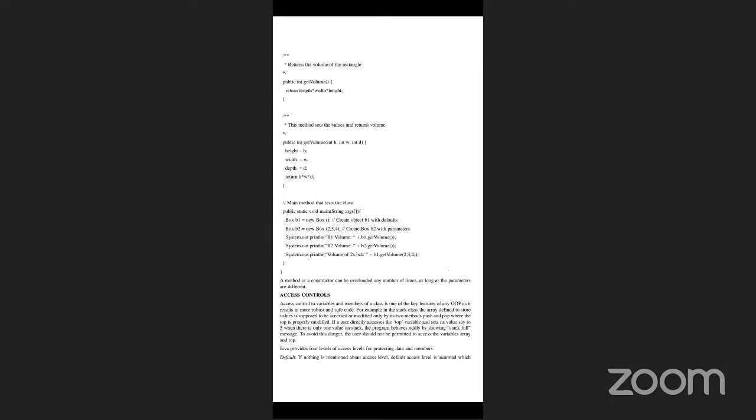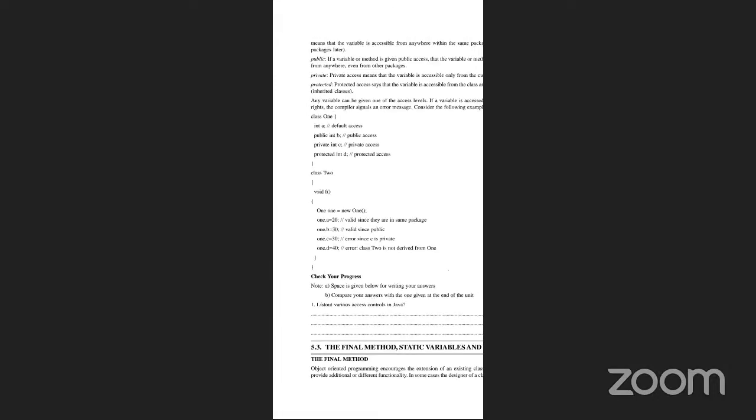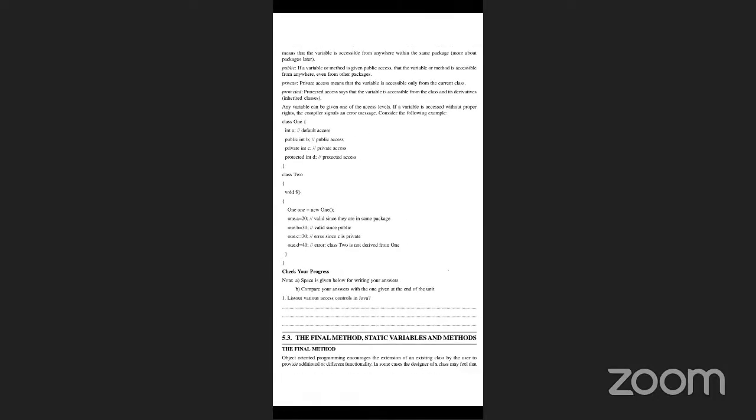Okay. Now here, access control means how far I can protect my data members. See, to what extent I can move on. Look here, I'm reading: if a variable or a method is given as public, the variable or method can be accessed throughout the program, from the other packages also.